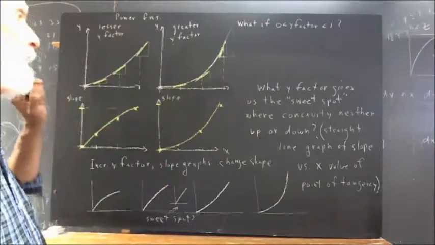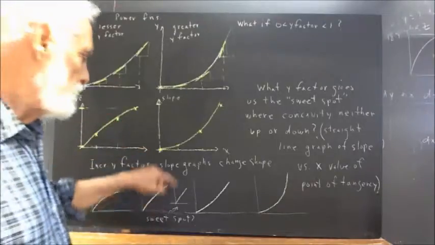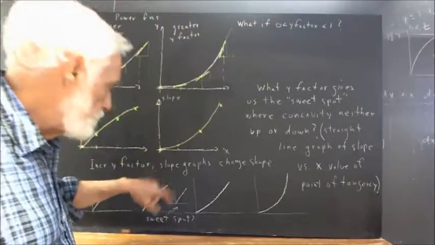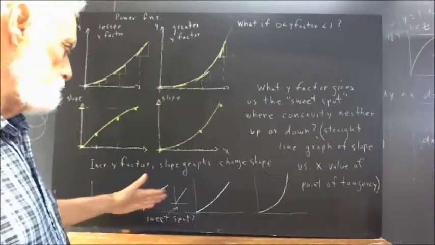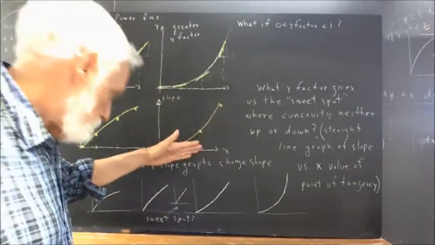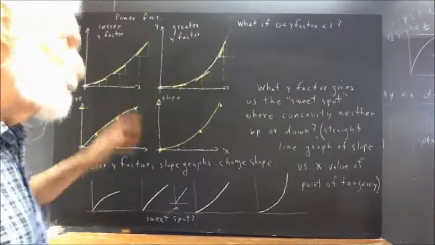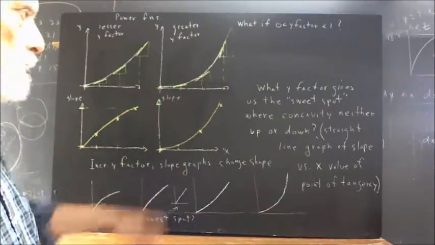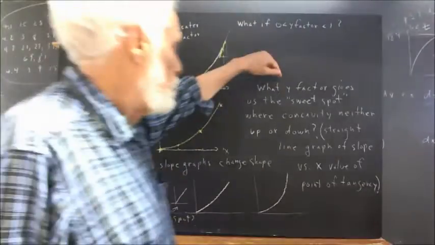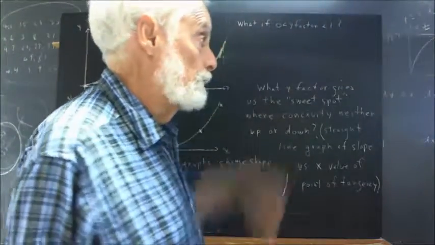Is there a y factor that results in a graph where the slope versus the x-coordinate of tangency graph is a straight line? If so, then what y factor is it that gives us the sweet spot?